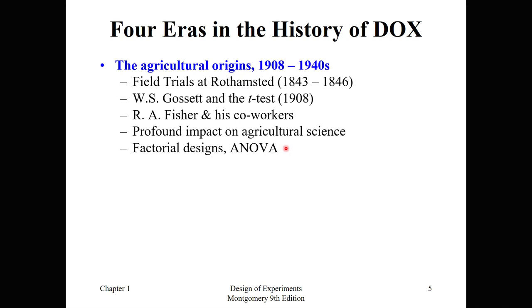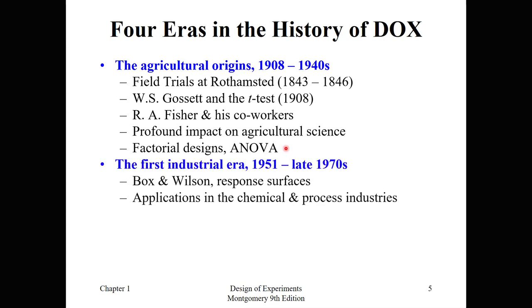And again, they studied many things, but they invented many of the designs of experiments that we'll talk about in this course and future videos under this agricultural lens, and that's a main derivation for where a lot of this comes from. And if you look at the old examples, you'll see a lot of agricultural examples, and that's why.